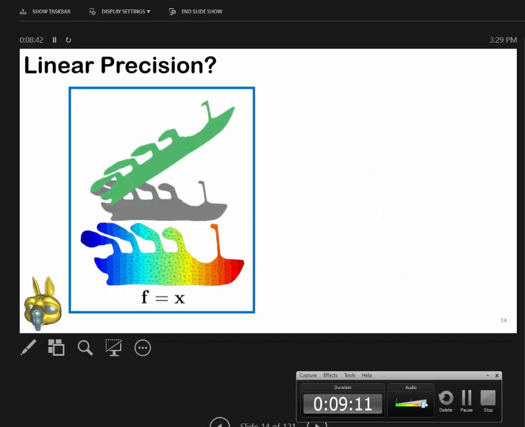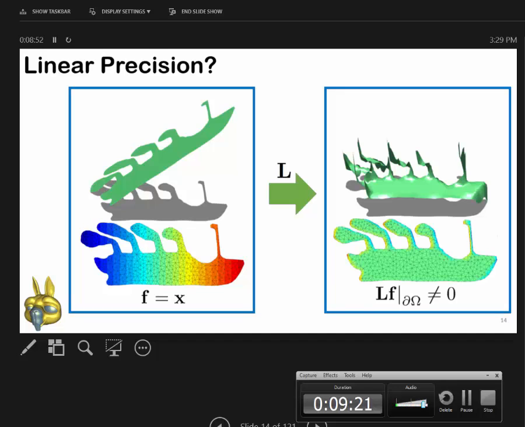We define a linear function f, which is simply the x-coordinate at each vertex, and we compute the cotangent Laplacian. Then we feed the function f to the operator L by multiplying them together, and we visualize the output. You can see that the output is exactly 0 for interior vertices, but it's not for vertices on the boundary.